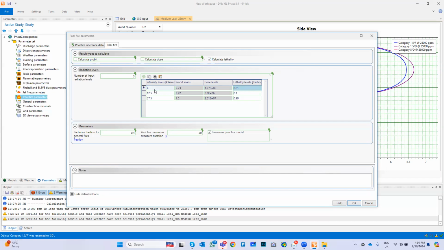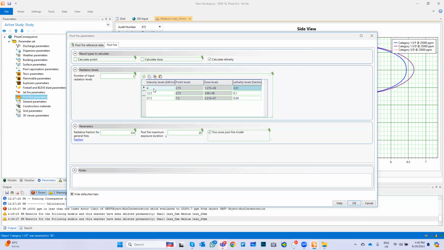It could result from 4 kilowatts per meter square, which means if you have a specific leak, liquid leak or hydrocarbon leak, and it results in a 4 kilowatts per meter square specific contour, and you have 100 people within this area of impact, 1% of the population will die.